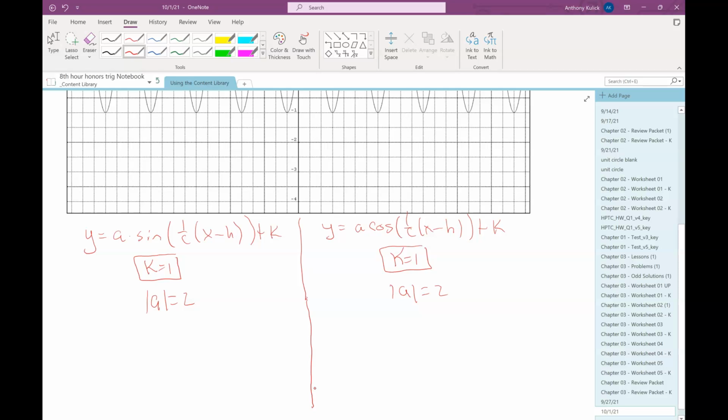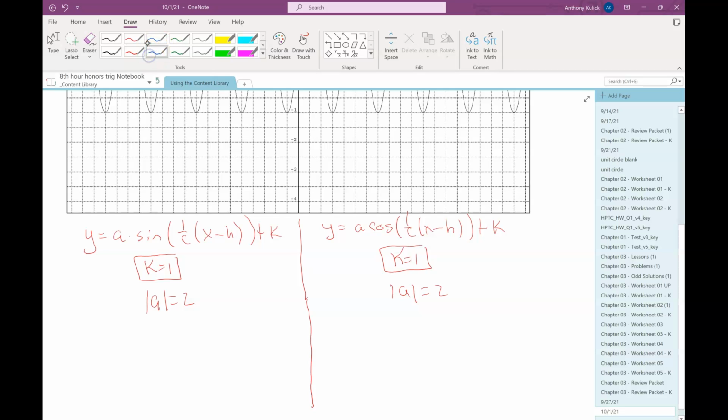So I'm not going to make that decision yet. Depending on how I find my H will dictate whether that A should be positive or negative. So I'm just going to leave it as amplitude equals 2 for right now. We'll decide on whether that needs to be a positive 2 or a negative 2 in a few minutes. Everybody's good though?